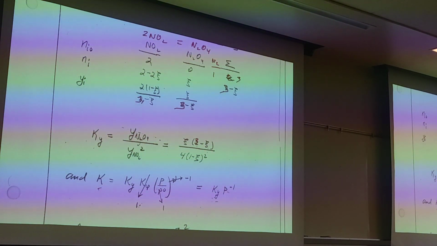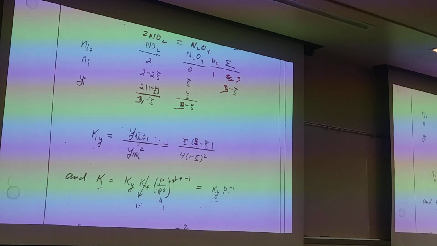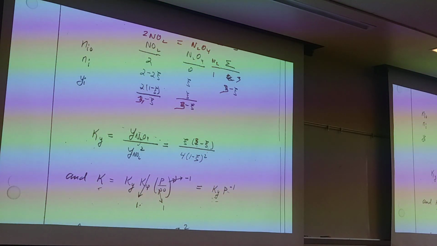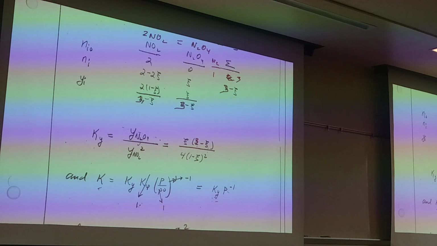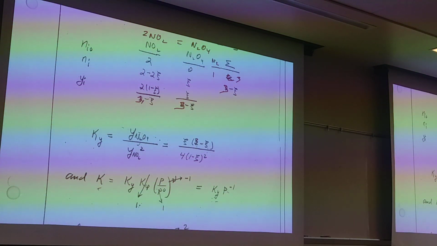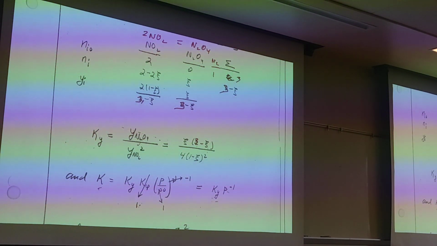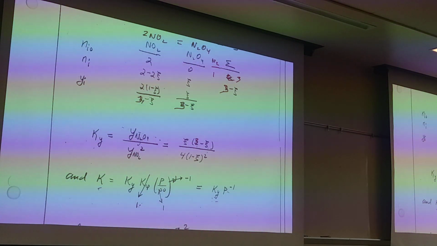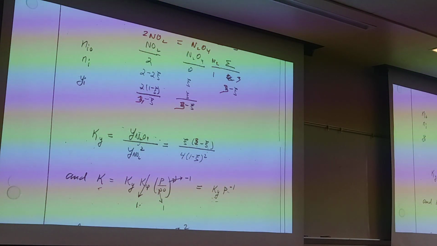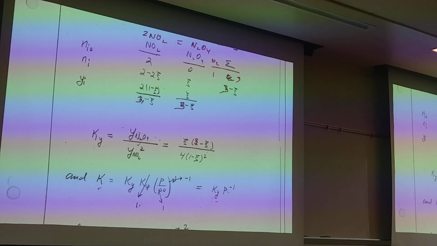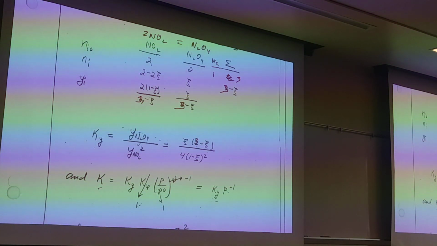Yes. You don't have an additional 1 over 3 minus xi in the KY equation. So on the left side, you have KY, y N2O4 over y NO2 squared. I worked those out, that's why I can put them the way I've got them now.